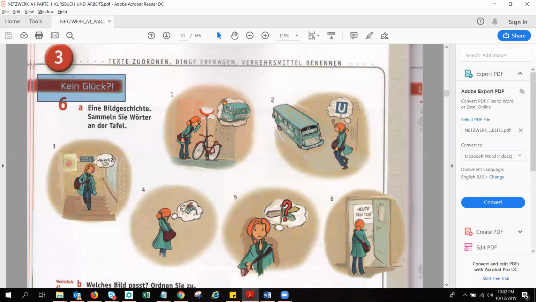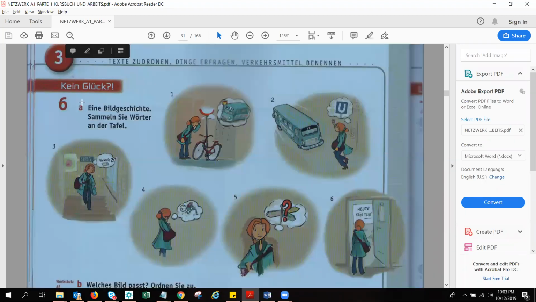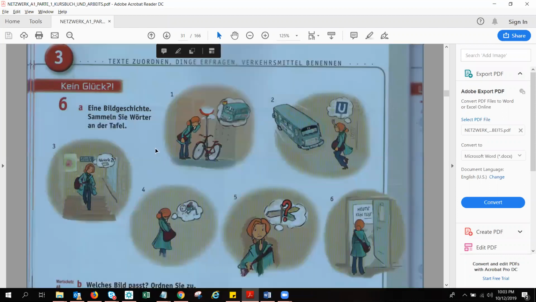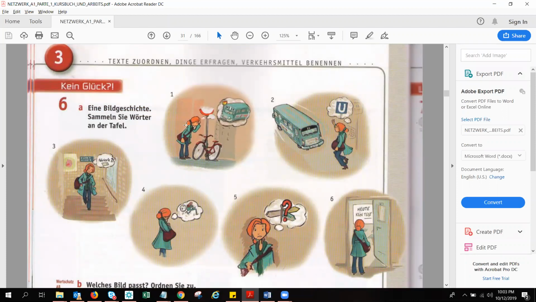So here it is written eine Bildgeschichte. So Bild is picture and Geschichte is story. So eine Bildgeschichte, a picture story. So what happens here is she wants to go somewhere, might be class or she has a test or something.